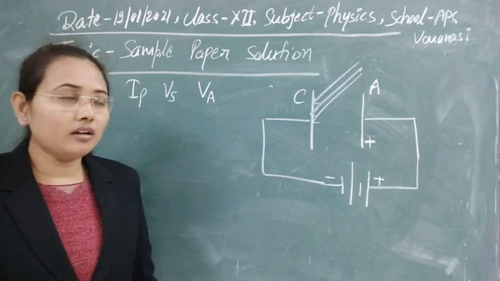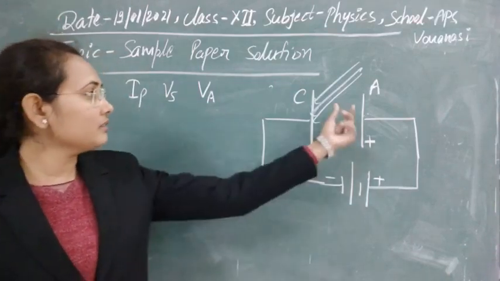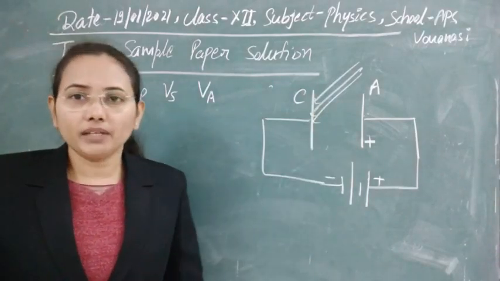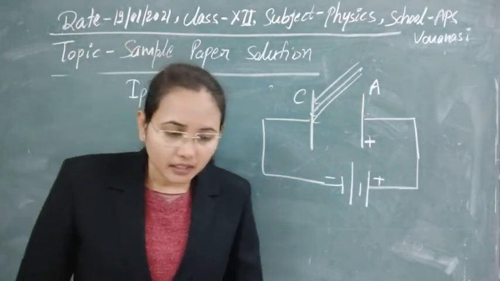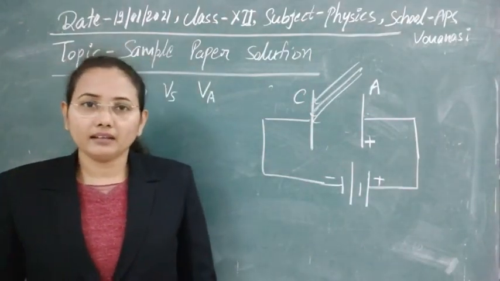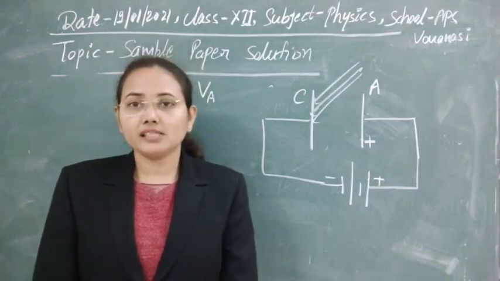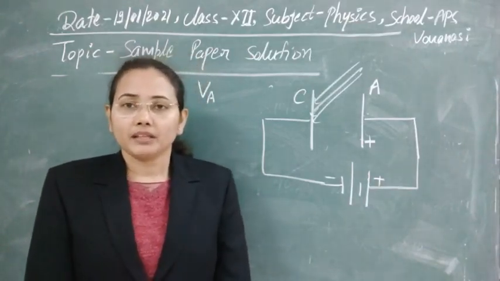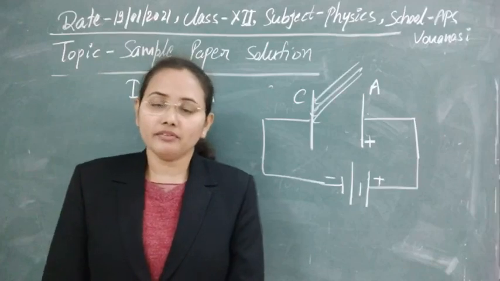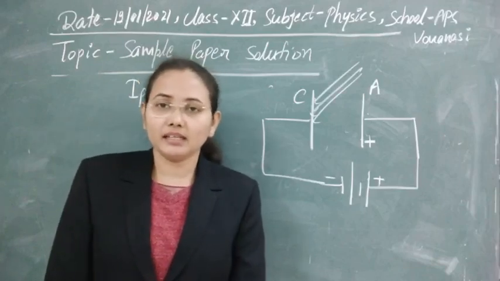First of all, suppose that we are increasing the frequency of the incident radiation. Then by the photoelectric effect, you know that when we increase the frequency of incident radiation, the kinetic energy of ejected electrons increases.